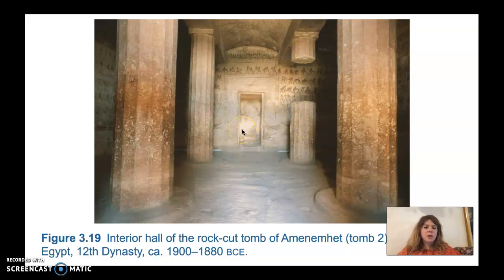They're not actually supporting anything because the tomb is cut from rock. These shafts still have flutes, but these are much more refined. They no longer look like a bundle of papyrus, like the ones we looked at in Djoser's mortuary complex in Saqqara. And the Greeks went on to use this design in their temple building.